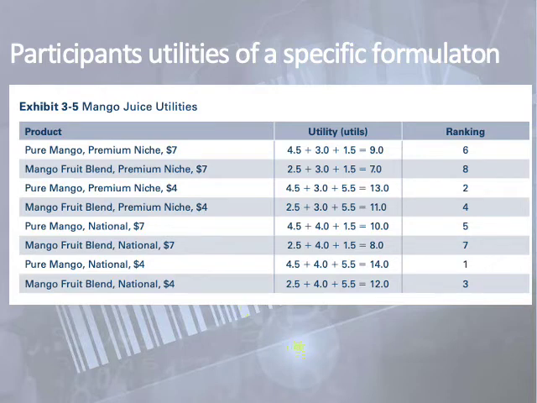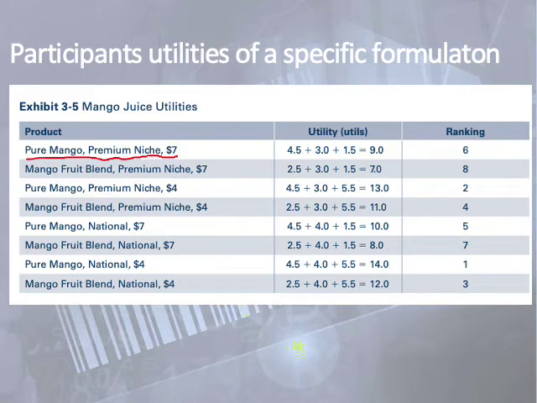Okay, we have here, so let's start with the pure mango. Let's start with this, the pure mango premium niche brand offered at $7. So if you can go back, since I can't go back, please do the honor to go back to the slides or look at your screenshot.